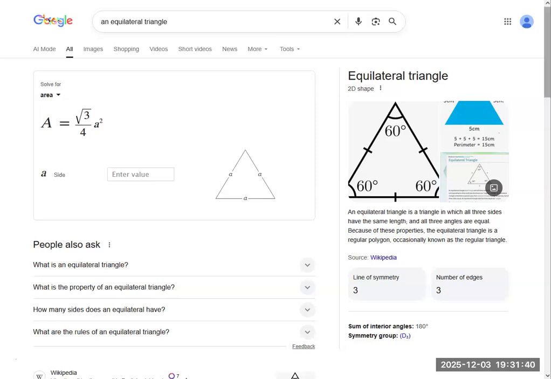I don't know how to explain it in English actually. It's like an equilateral triangle, a triangle that each edge, not really edge, each side of the triangle has the same angle.